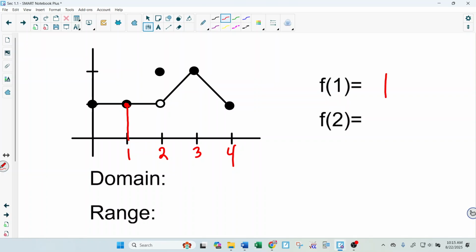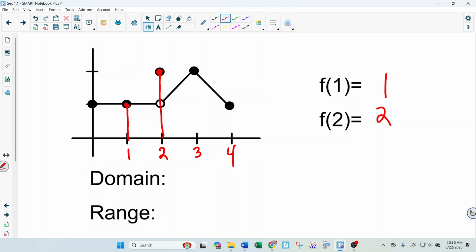So f of 1 is 1. From there, at f of 2, you go to 2. Now you remember open and closed circles. An open circle doesn't mean you include it, right? Closed circles you do. So at f of 2, we go through the open circle, we go up there, and we get.